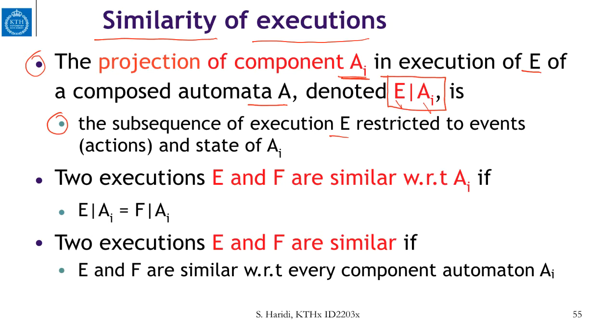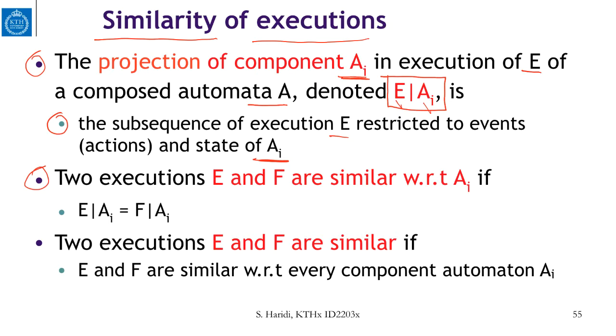It's a subsequence of execution E restricted to events or actions and states of the component automata. So we take an execution, we just keep the states and the actions that are related to the component automata, and that subsequence will give us this projection of execution E into the component automata AI.